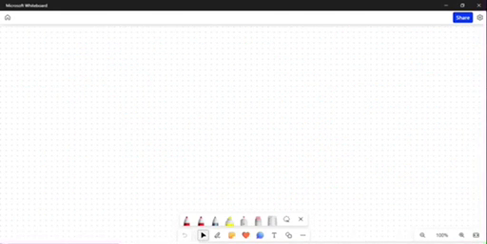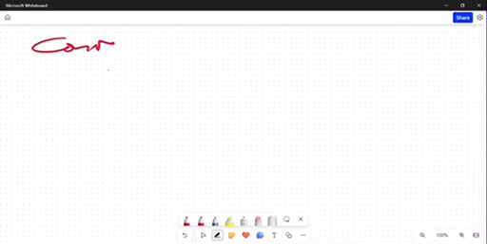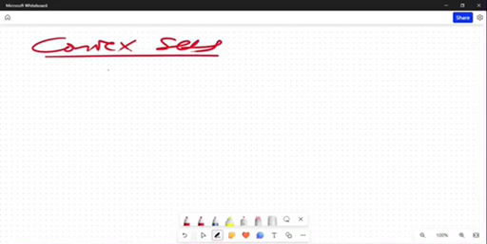Okay, so sorry for that. So we go ahead to look at convex sets. Convex sets. Okay, what do you mean by that definition?